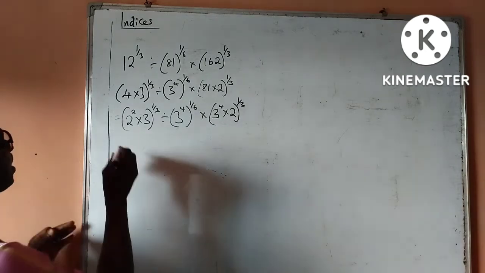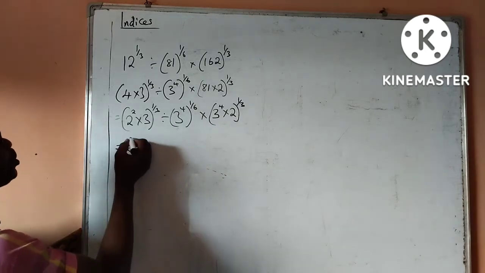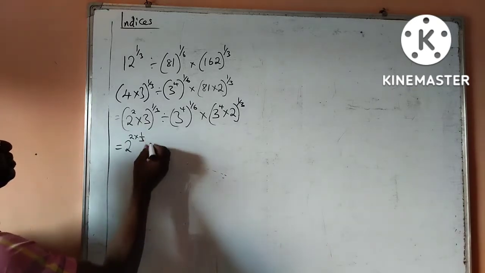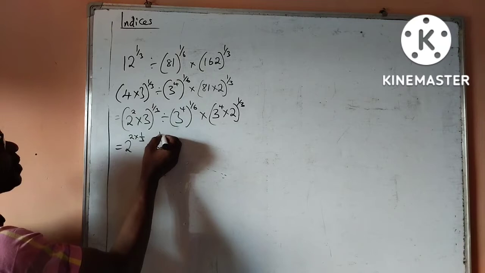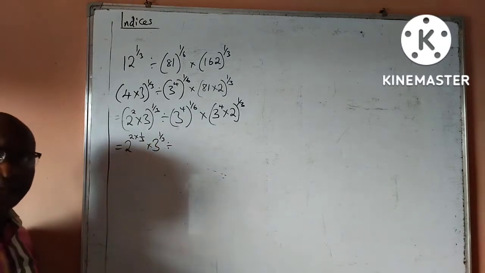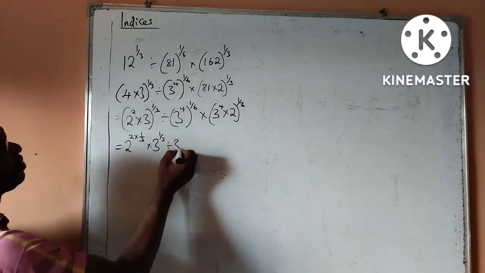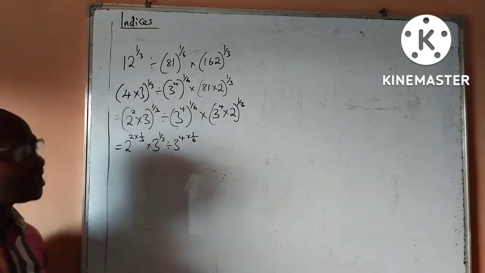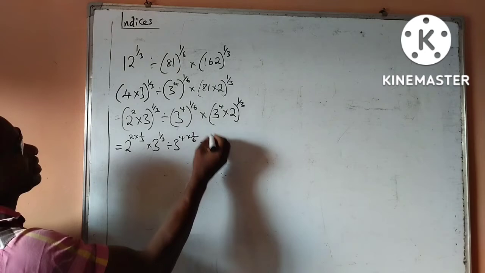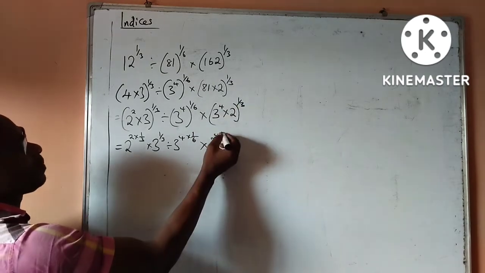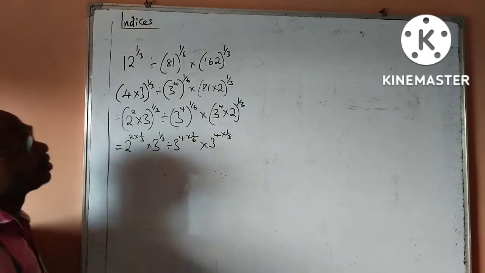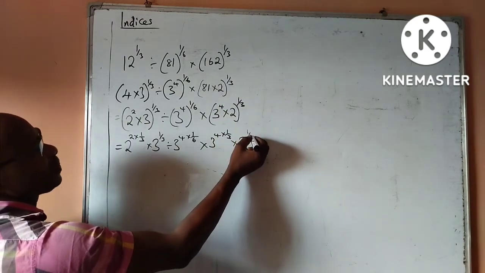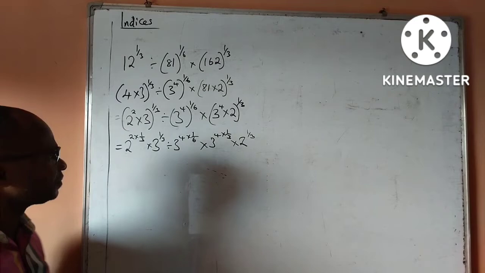So I am now going to have 2 raised to power 2 multiplied by 1/3, then multiplied by 3 raised to power 1/3, divided by 3 raised to power 4 multiplied by the power which is 1/6, multiplied by 3 raised to power 4 multiplied by 1/3. Lastly, multiplied by 2 raised to power 1/3.